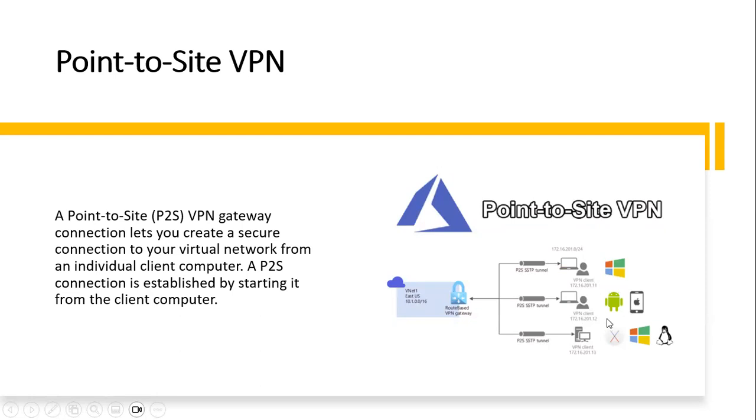This is an Azure site, and there are different applications, maybe Microsoft 365 or any other application, or any virtual machine or a Linux machine. So you can connect from one point or a client computer. The connection originates from that client computer using an SSTP tunnel. There is a protocol, SSTP.